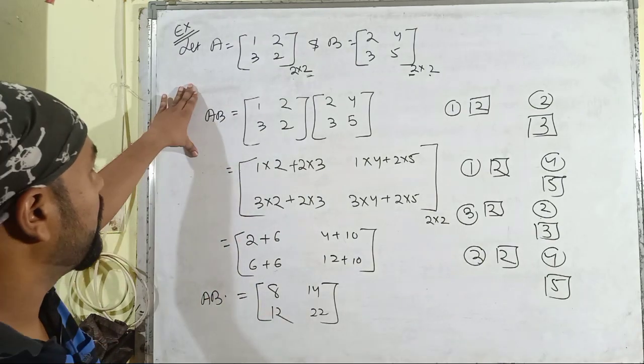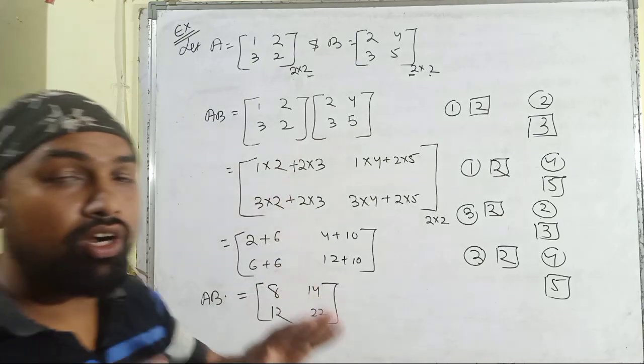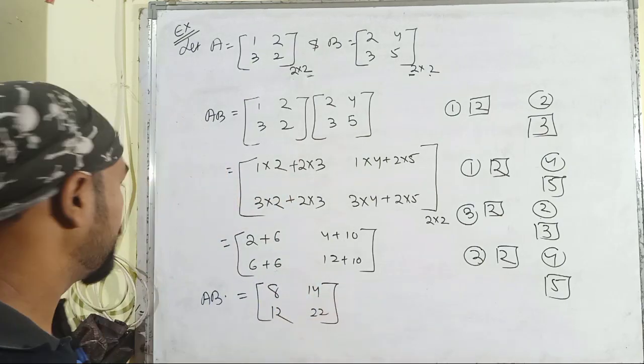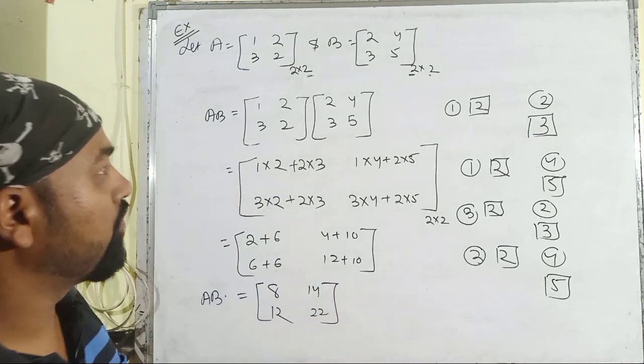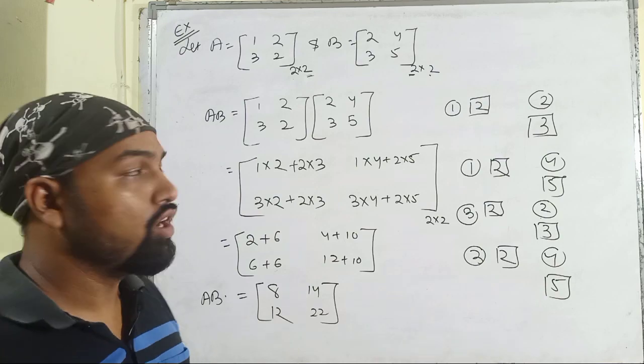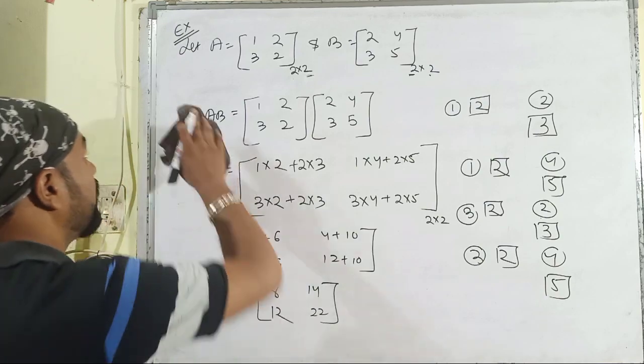After the completion of the multiplication of two matrices of order 2 cross 2, let us move towards the multiplication of another two matrices, but of order 3 cross 3.